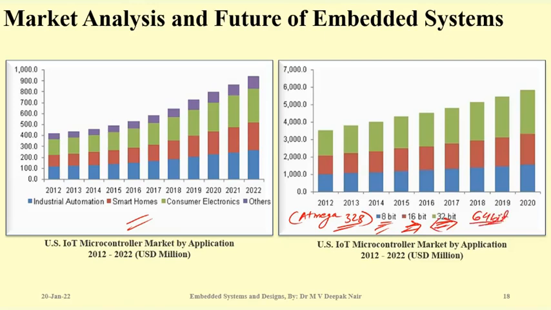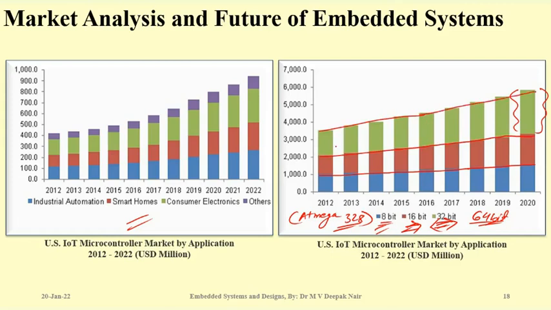The share here, you can see 32-bit processors are nowadays becoming more and more popular. Of course, this graph's growth is almost linear or stable, with no huge jump in the market. But if you see the market share of 32-bit microcontrollers, the growth is very large.